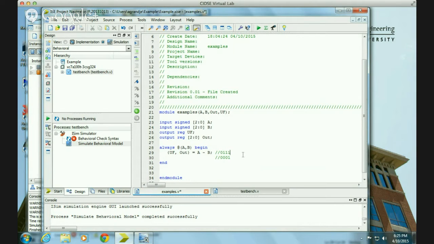So does that answer your question at all? Yeah. Right? Well, using signed inputs is the only way to represent negative numbers.